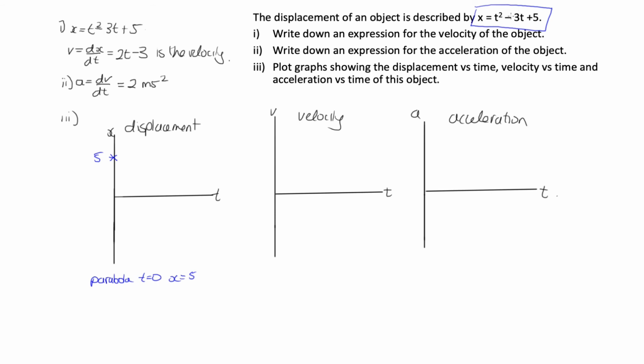We can work out where the axis of the parabola is. We could differentiate it and set the derivative to 0, or we can just use that the axis is minus b over 2a, which is 3 over 2, so 1.5.